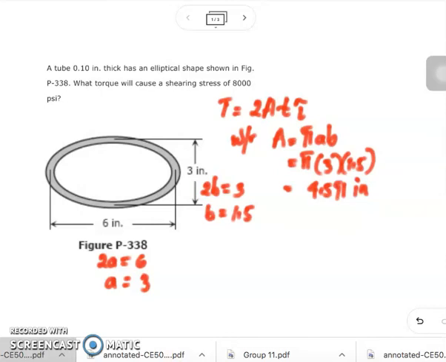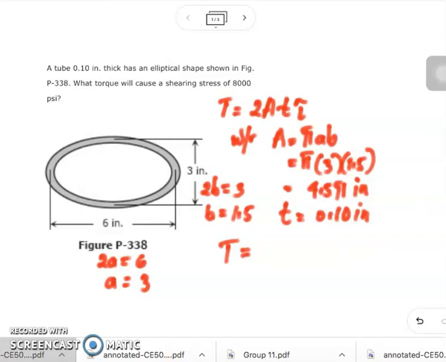Our t here, of course, the thickness, is 0.10 inches, and we are going to solve for our torque. So our allowable shearing stress is 8,000 psi. From our formula, torque is equal to 2 times the area times thickness times the shearing stress. We simply have to substitute.